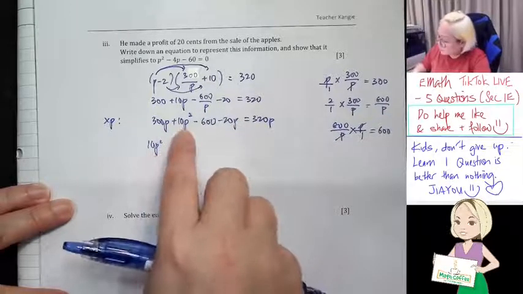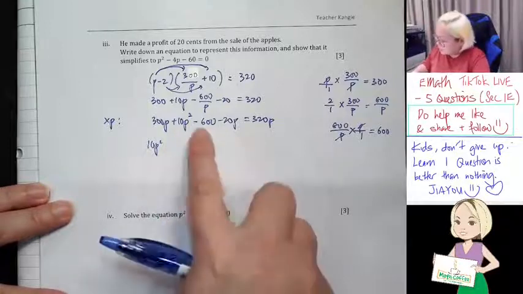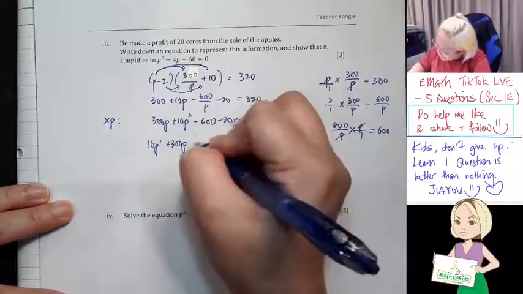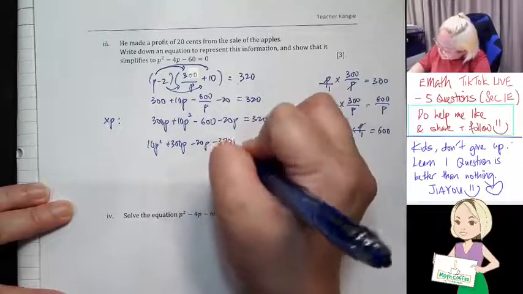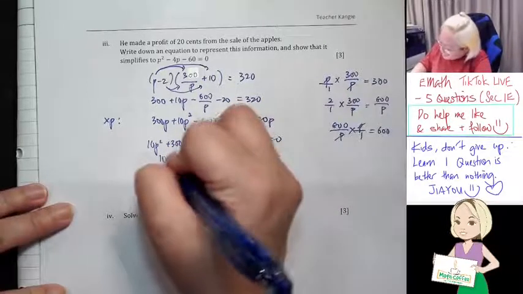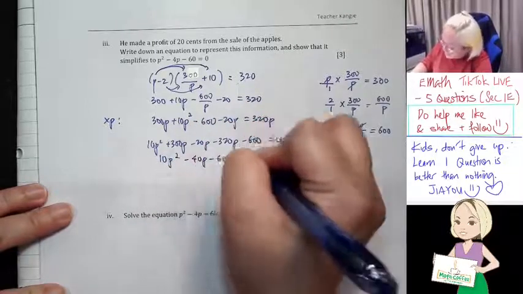So 10p square, stand alone, no friend. Then after that, plus 300p minus 20p. This one brought over is minus 320p minus 600 equals to 0. So I get 10p square minus 40p minus 600 equals to 0.